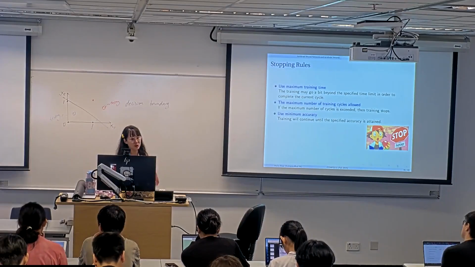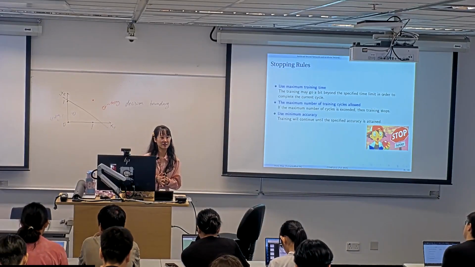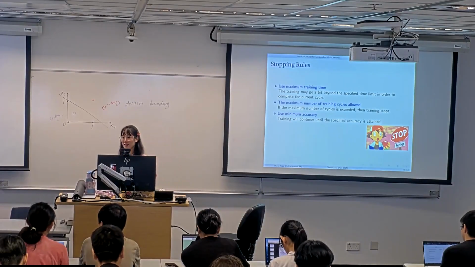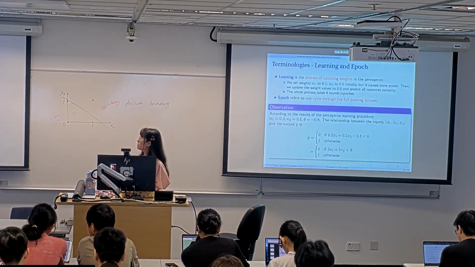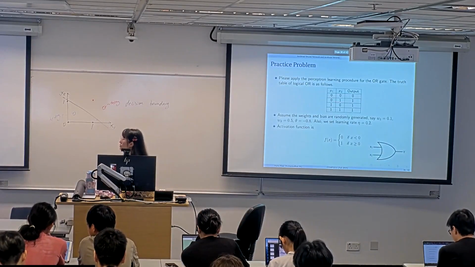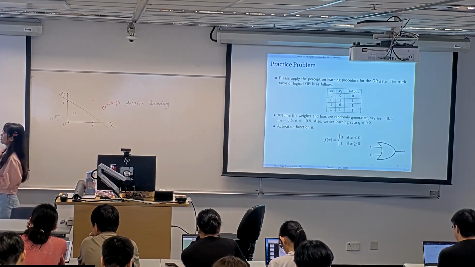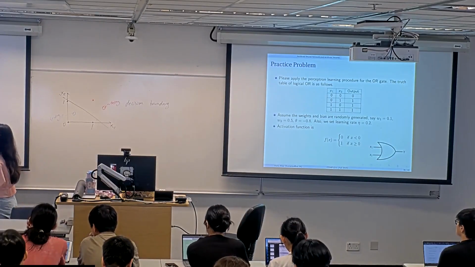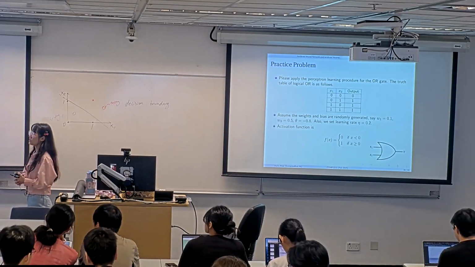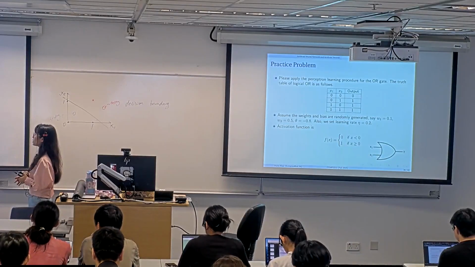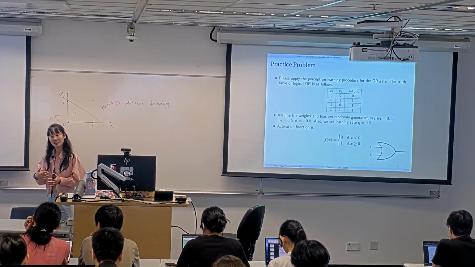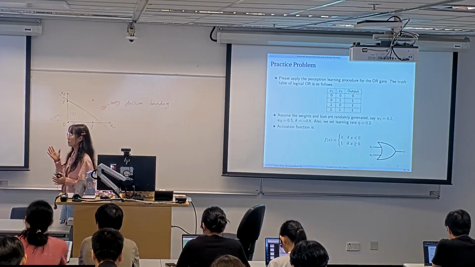Any other questions? Great. If no questions, again, we have a practice problem for you so that you can try whether you already fully understand the process of perceptron learning.